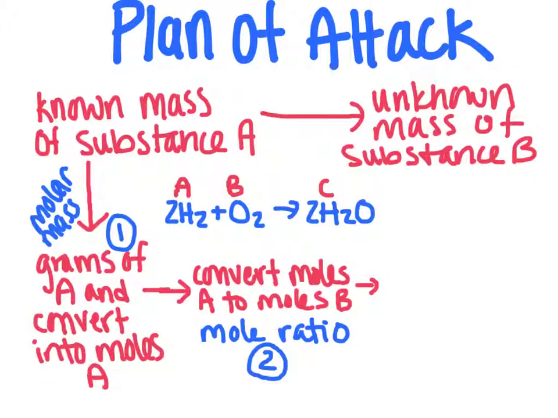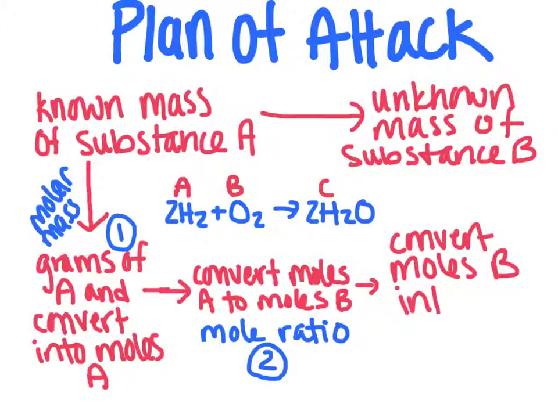But I'm going to end up with moles of B, and I can't measure moles of B. So my last step is to convert moles of B into, not moles, into grams of B. Because I can actually measure grams.